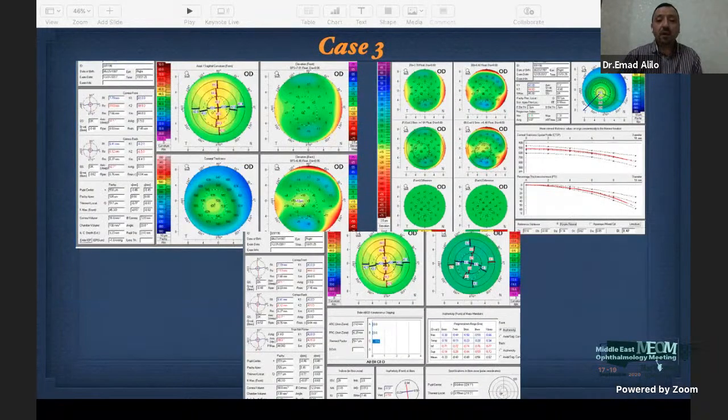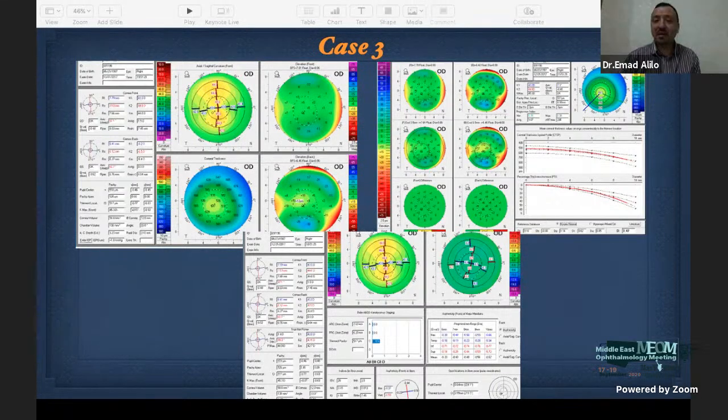So if we look at this cornea, Dr. Safwan, what do you think about it? This is your Belin-Ambrosio and everything is here. Yeah, that's what I asked you, because I know I'm using these indices and I need you to highlight it because it's very important. The Belin-Ambrosio here is normal, and then I need to see how the BAD or the Corvis shows.